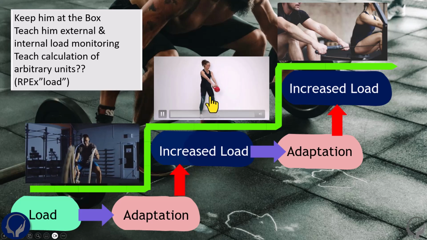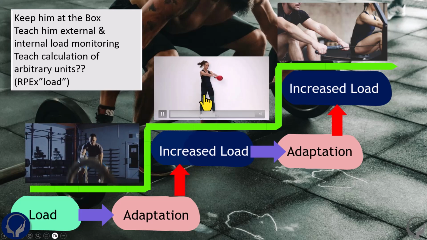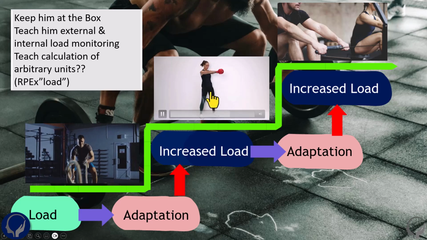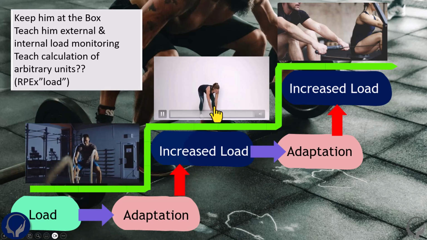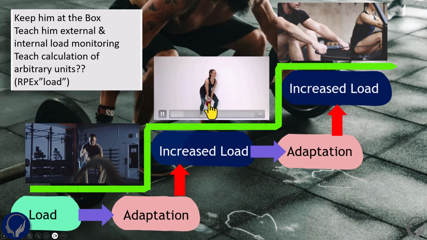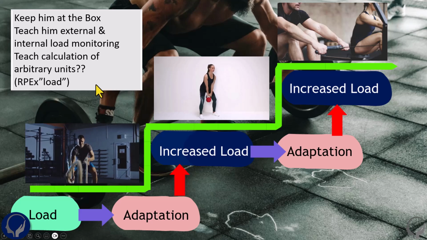The next progression could be keeping the kettlebell the same weight, keeping the range of motion the same, and just increasing his volume. So you can manipulate volume, hip range of motion, and load. I'm probably going to manipulate volume first and then manipulate load.